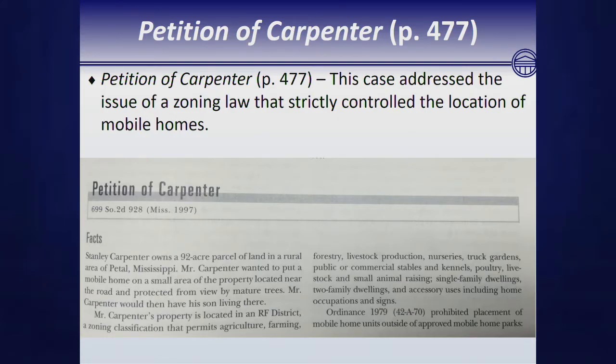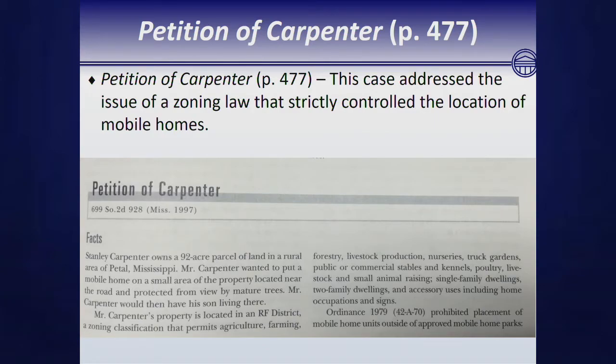However, the rationale behind this was somewhat flawed because mobile homes were not prohibited in residential areas, R1 areas, and R2 areas. So the Board of Aldermen denied Mr. Carpenter's request. Mr. Carpenter had a 92-acre farm, and he wanted to put a mobile home on a small plot on his property for his son.